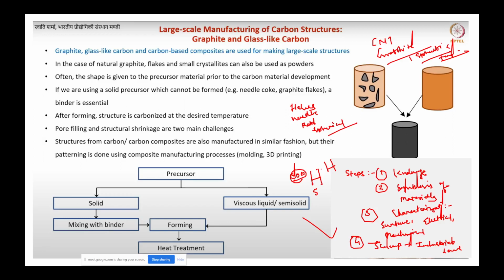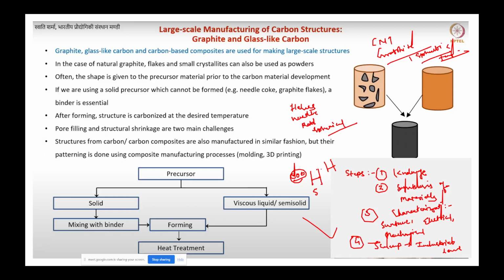The structures from carbon composites are also manufactured in a similar fashion, but their patterning is done using a composite manufacturing process. I have taught you that carbon composites are manufactured in a similar fashion, but here the main thing is patterning. Patterning is done using a manufacturing process.